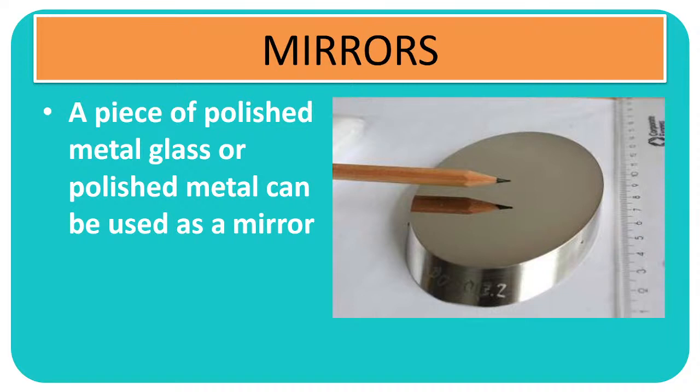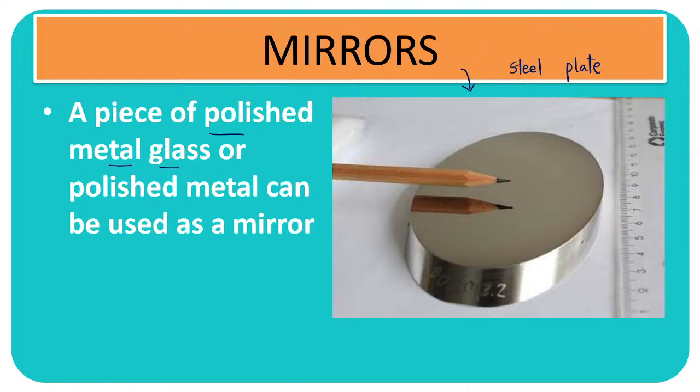Other things can also act as a reflector or mirror, like smooth polished metal or glass. You can take a steel plate, which will also act as a reflector or a mirror, because you can also see your reflection in this steel plate.